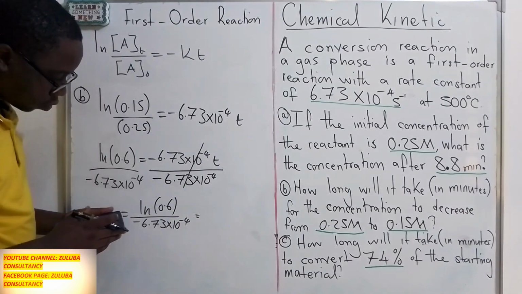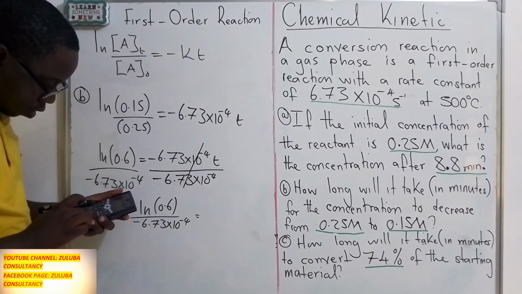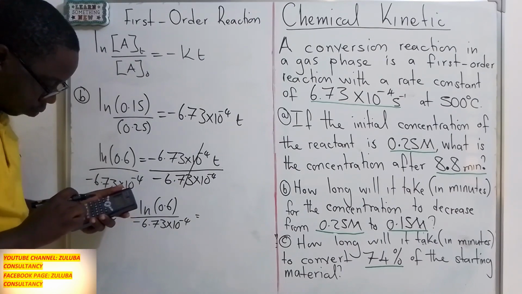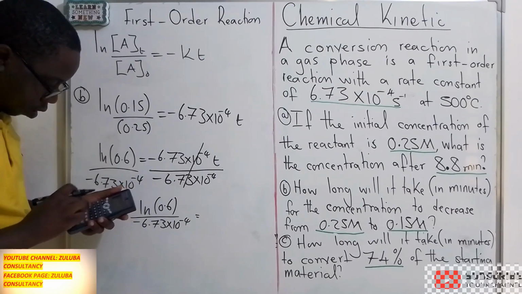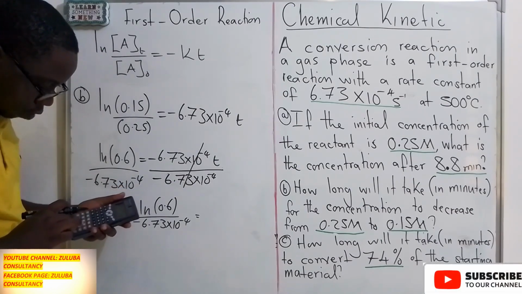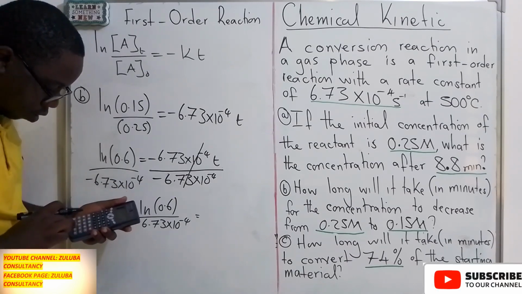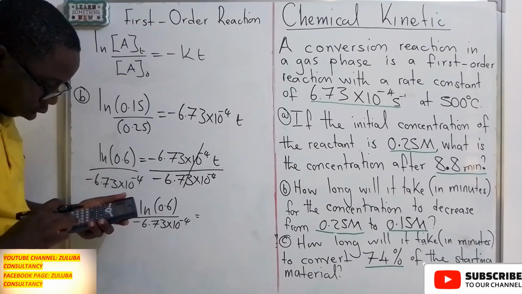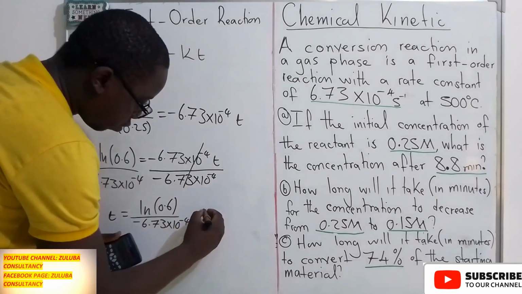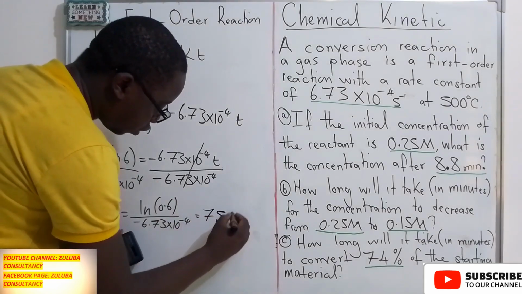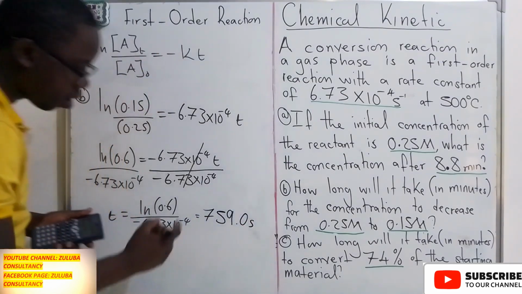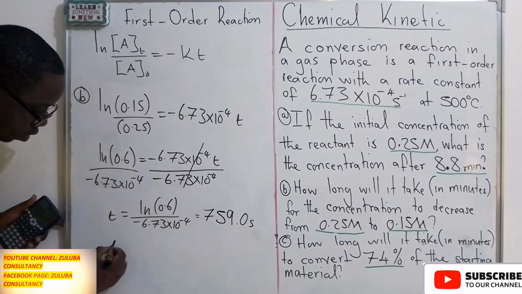Let us now do this on the calculator. We are saying the natural log of 0.6 divided by, open bracket, the negative 6.73 times 10 to the power negative 4. It is giving us 759.0 seconds. Now remember, this should be in minutes.